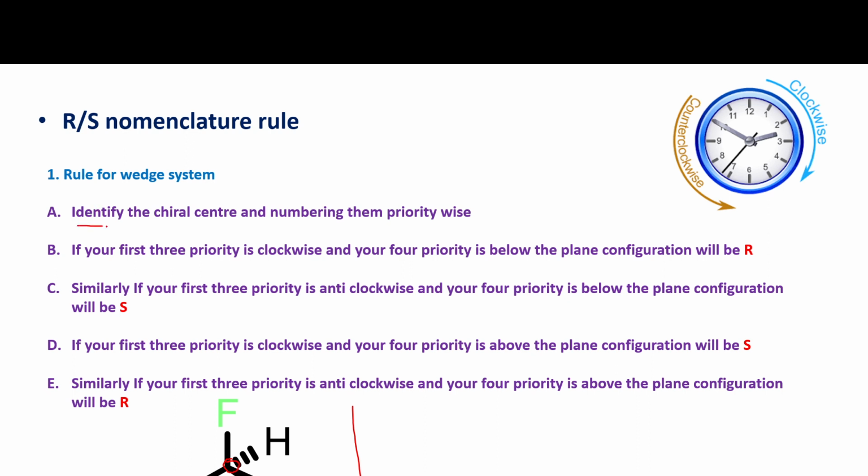So first we have to identify the chiral center. If you want to assign the RS nomenclature, first we have to find the chiral center.